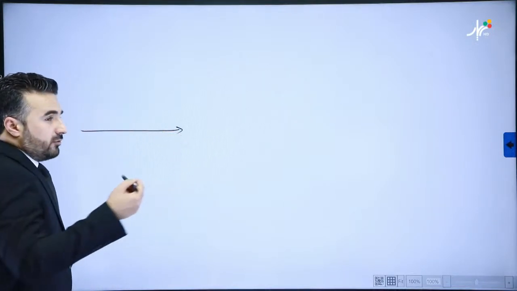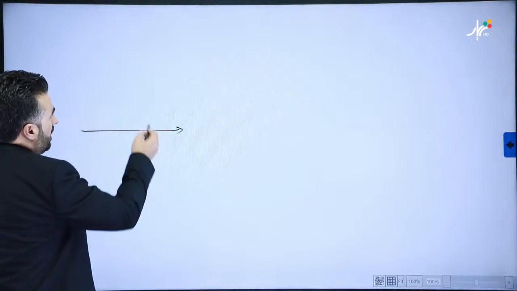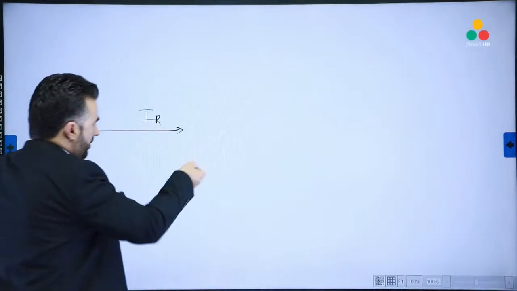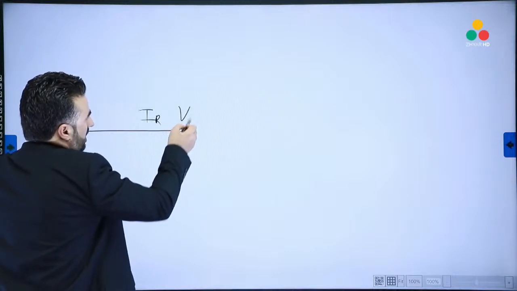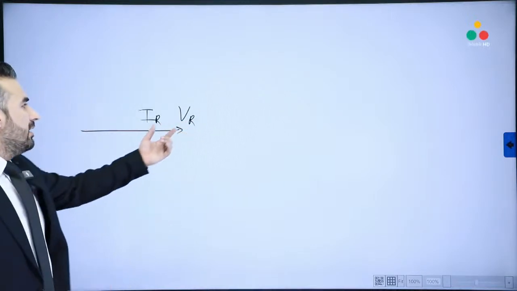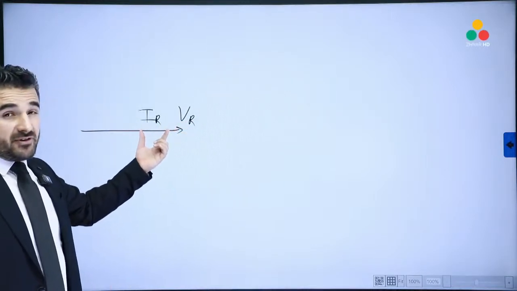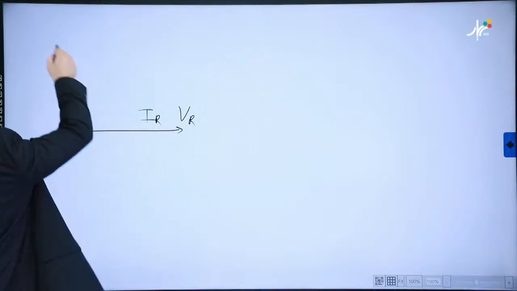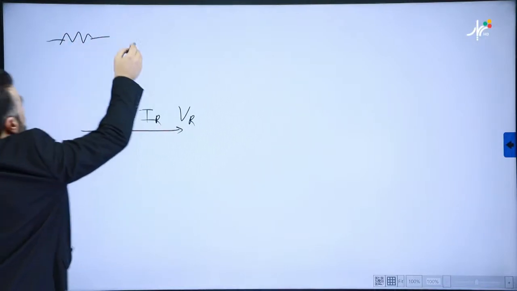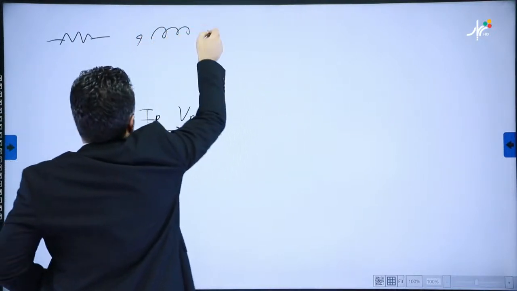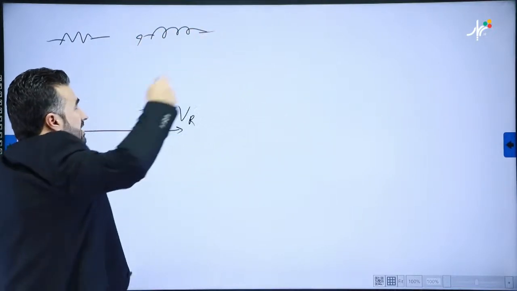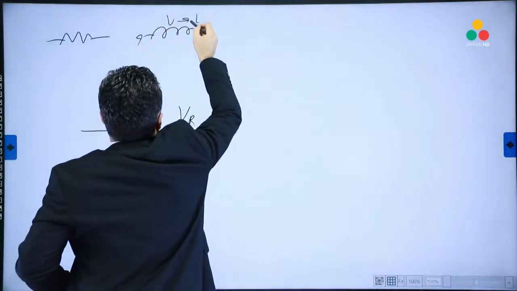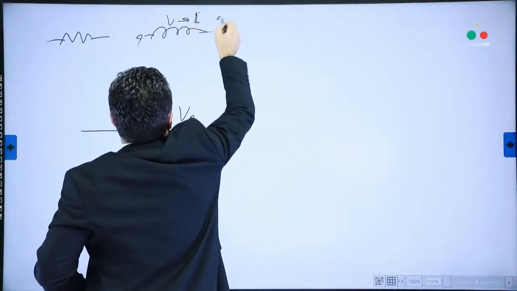So if we consider the voltage and the current through the resistor, there is no phase difference between the two, so this is what will be between the two. That is for the resistor. And then remember, for the inductance, we said previously that voltage leads the current by 90 degrees here.